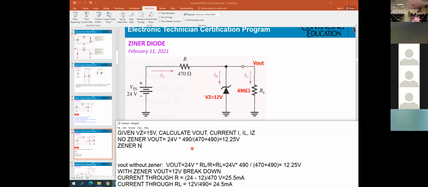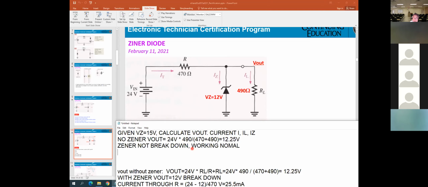Exactly. Working normal. Okay, so if it does not break down, it looks like you don't have a Zener in that circuitry.